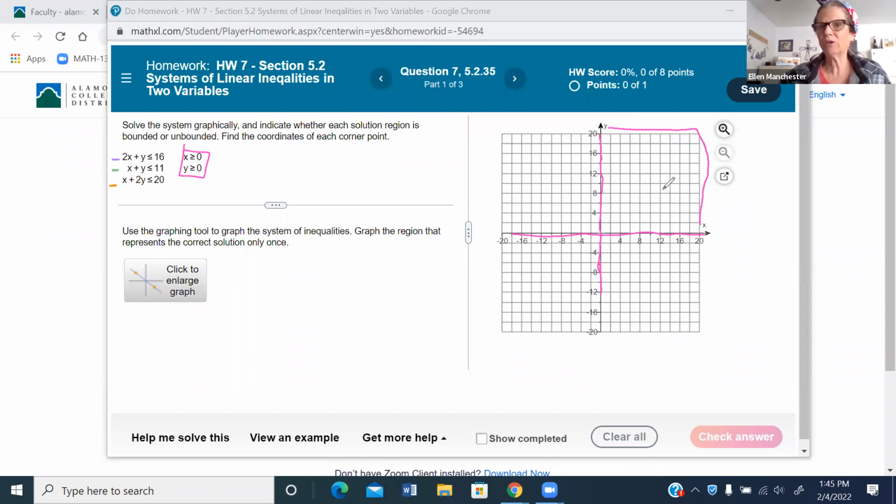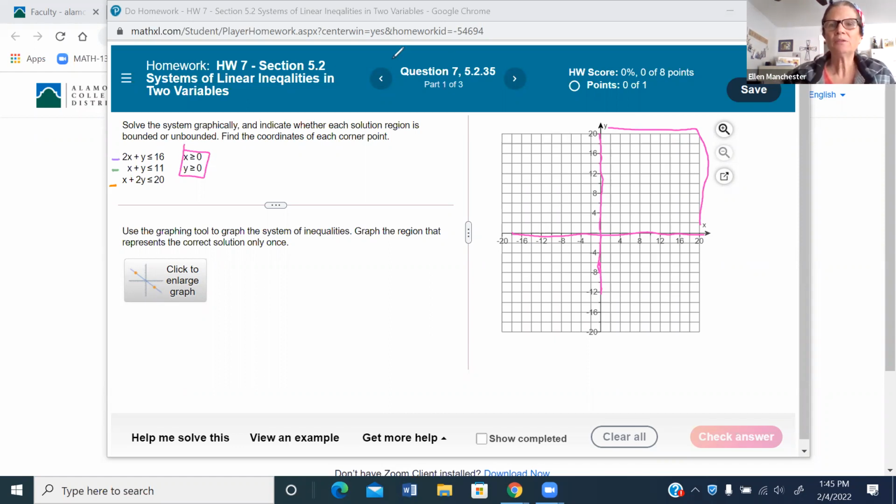That's the only area that we're going to shade. If you do this and you end up with shading in these other quadrants, you did something wrong. So always set those parameters first. Put in a point here and a point here, do your vertical line. Point here, do your horizontal line. And again, I will show you using the graphing tool how to do that.